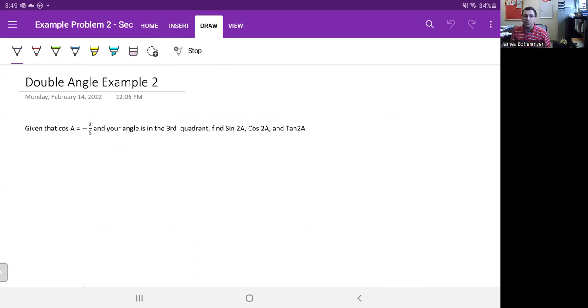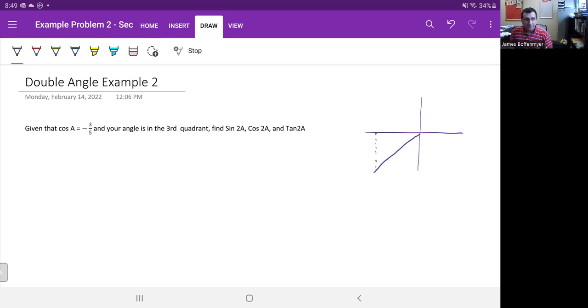The very first thing we need to do on problems like these is draw your triangle. We always have to reference that triangle. It's based off of this angle right here. The triangle is going to be in the third quadrant, so it's going to be down here.